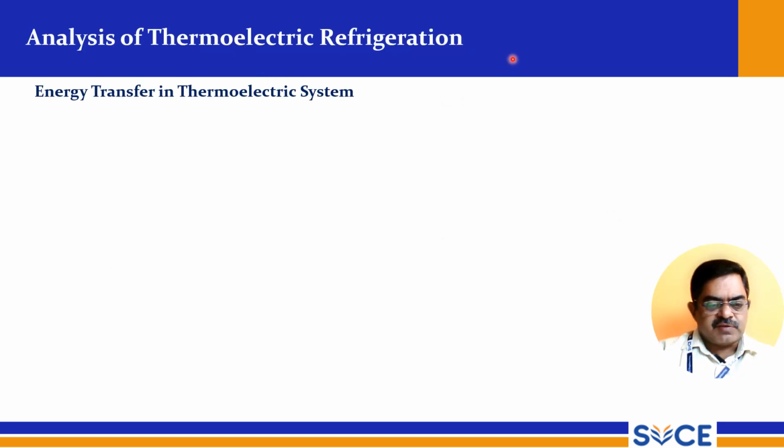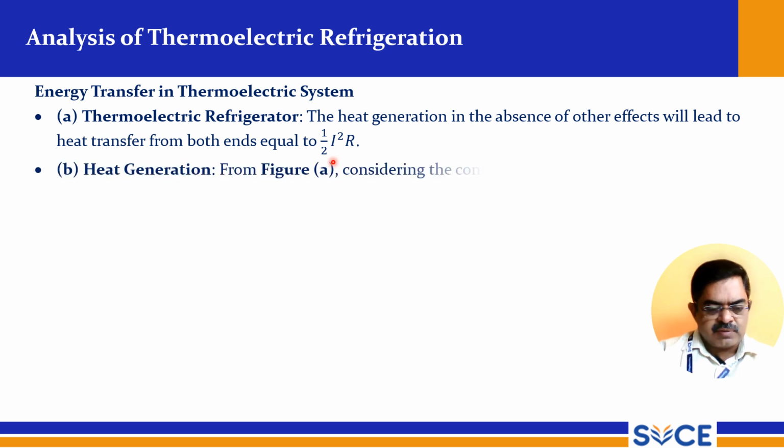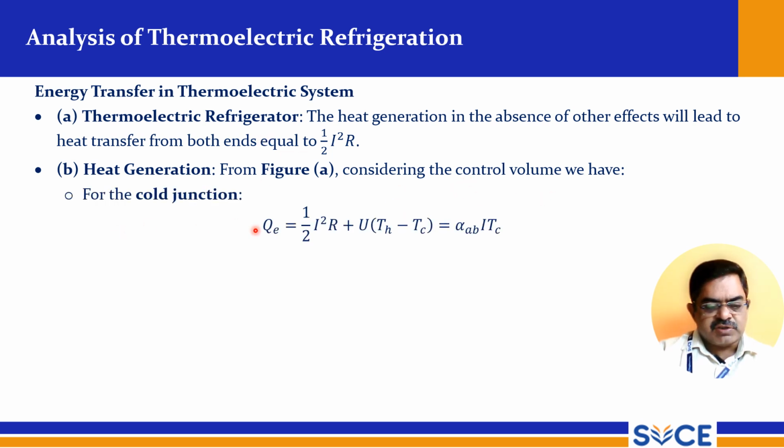Analysis of thermoelectric refrigeration. Energy transfer in thermoelectric system. In thermoelectric refrigeration, the heat generation in the absence of other effects will lead to heat transfer from both ends equal to 1 by 2 I squared R. So, considering the control volume, from the figure in earlier slides, for the cold junction we have QC equal to 1 by 2 I squared R plus U(TH minus TC) equal to alpha AB I TC.